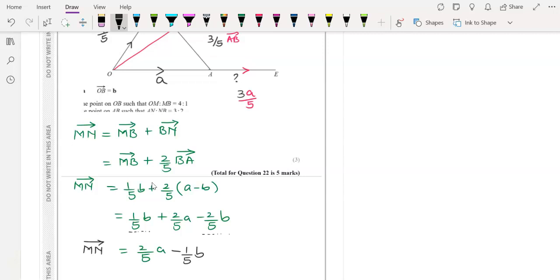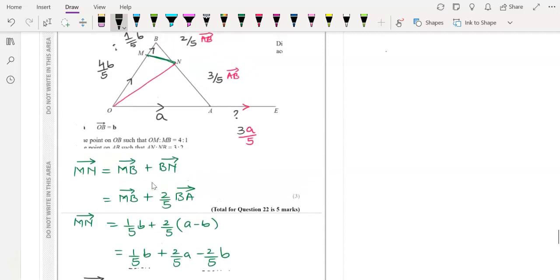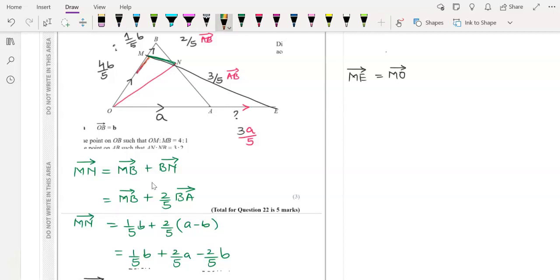Now we need to find vector ME. Now vector ME, okay, we can add the same as vector MO plus vector OE.